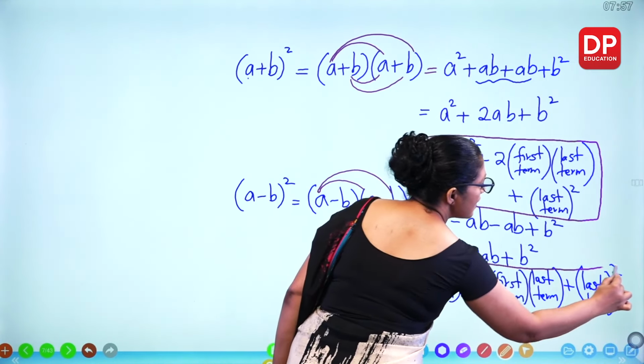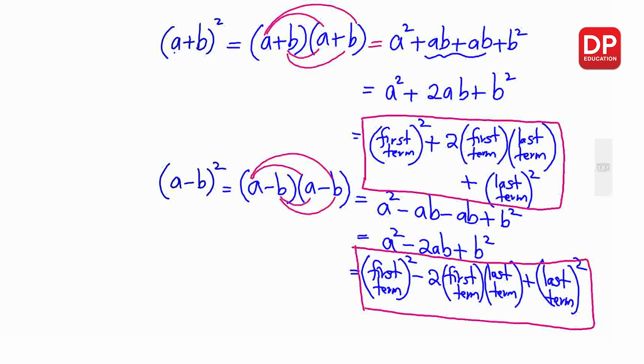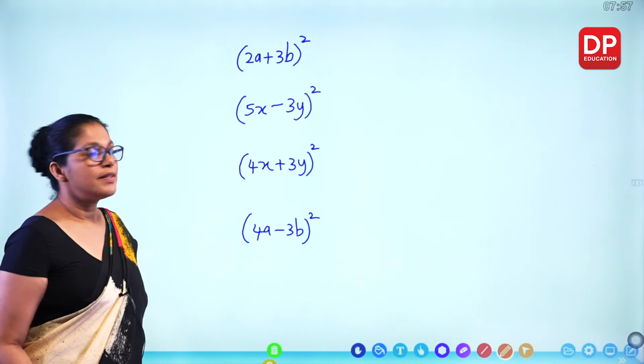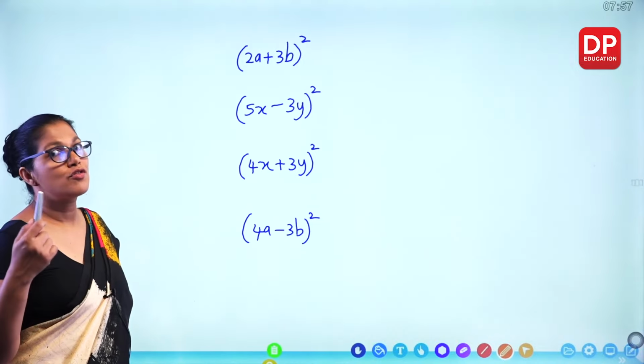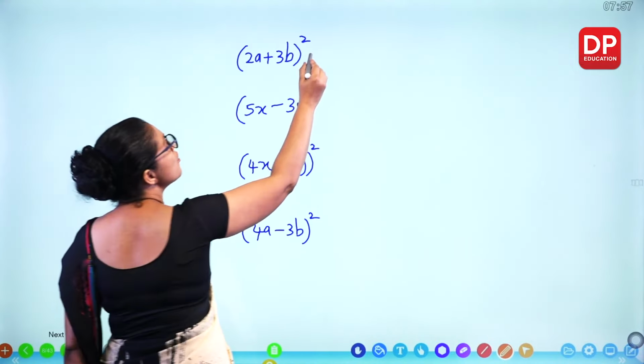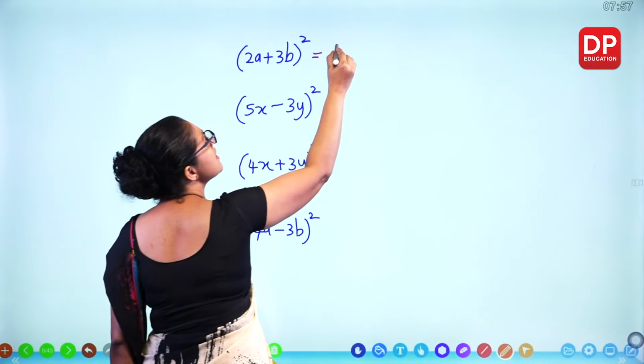We'll now try to apply these formulae in applications and see. Now, this is a binomial. Bi means two terms, squared. So what we do, we use the pattern that we observed. First term squared.